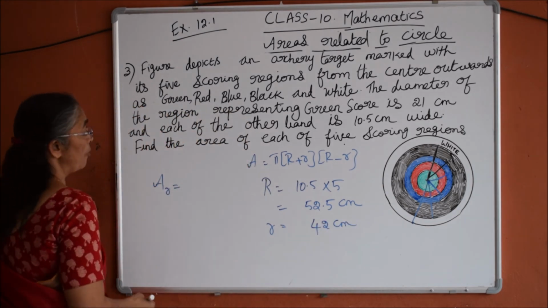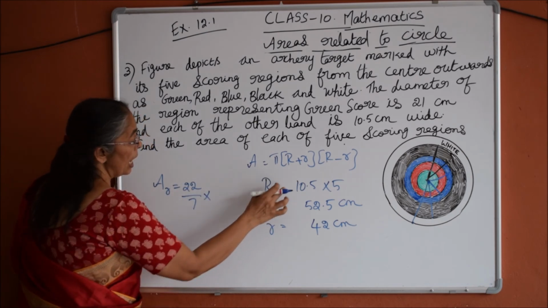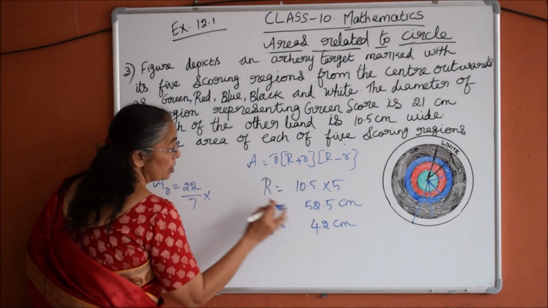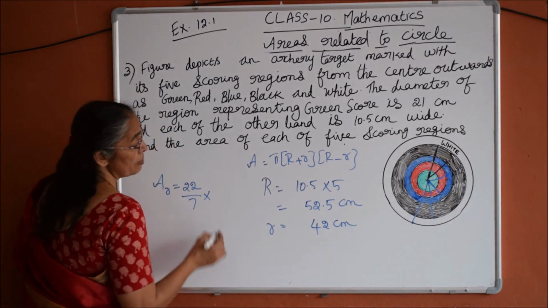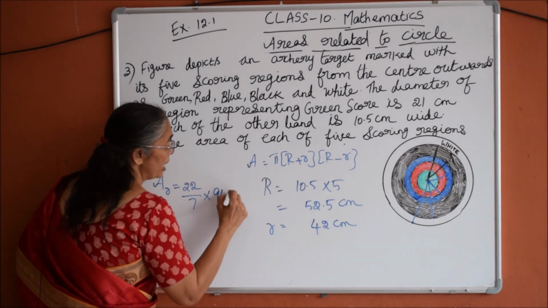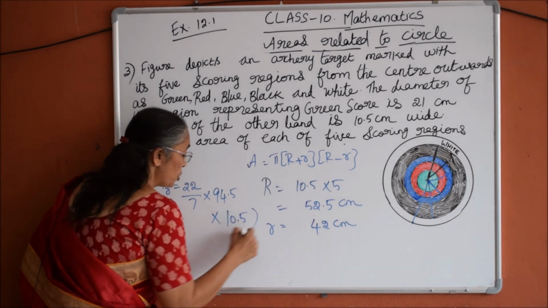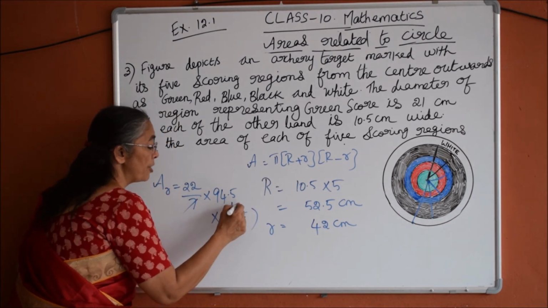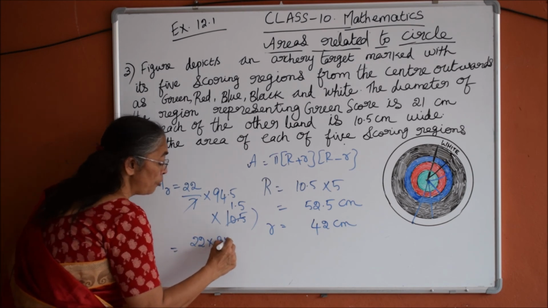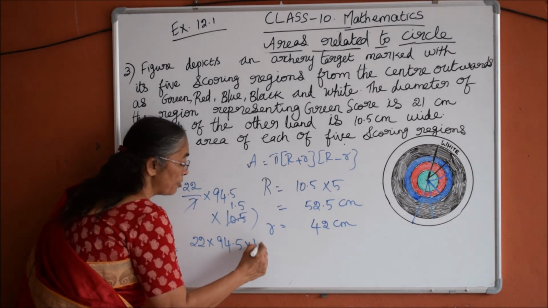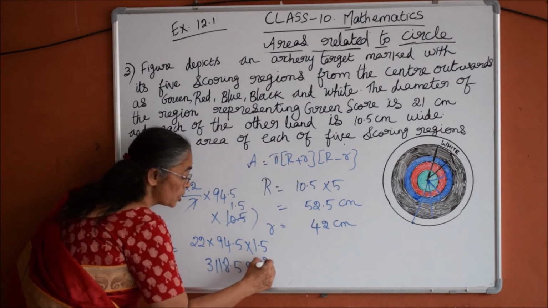Now substituting in the formula, pi is 22 by 7 of capital R plus small r, 52.5 plus 42, which is 94.5, into R minus r, which is 10.5. As usual 7 and 10.5 cancel for 1.5. So we need 22 times 94.5 into 1.5, which is 3118.5 centimeters square area.